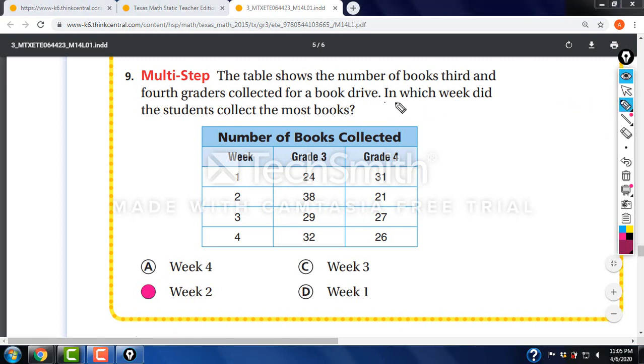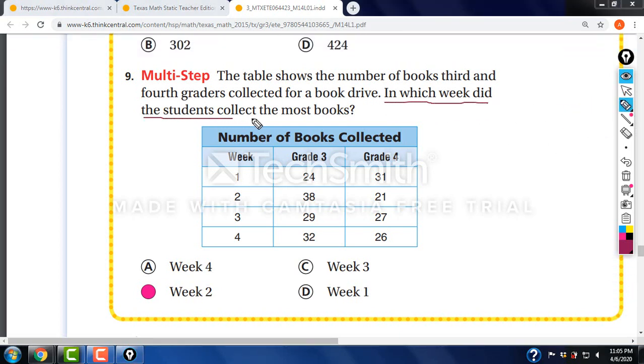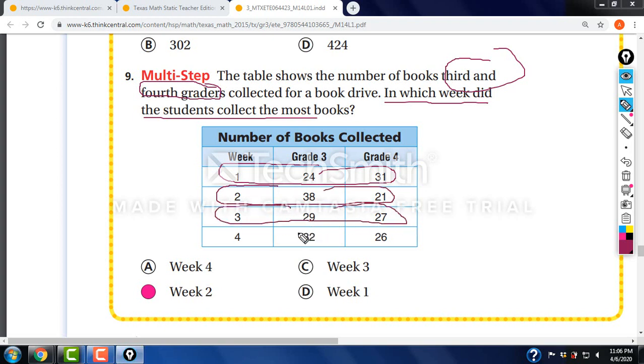It's showing you the books they collected. So here's week 1, here's week 2, week 3, and week 4.